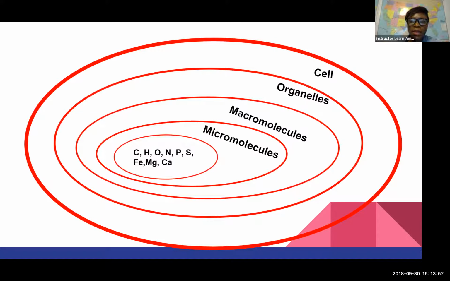These are all common elements for us to work with. So if we're looking at the size, we're going to have the arrow showing we're going from the smallest component of the cell to the largest. And so we see synthesis occurring here.